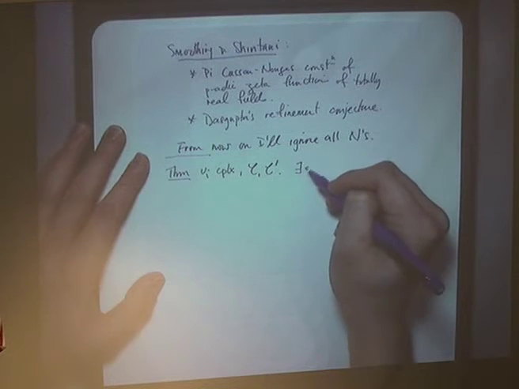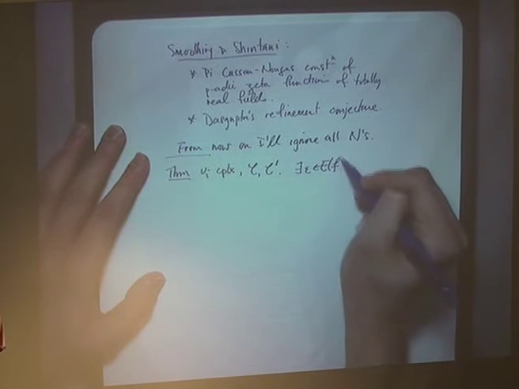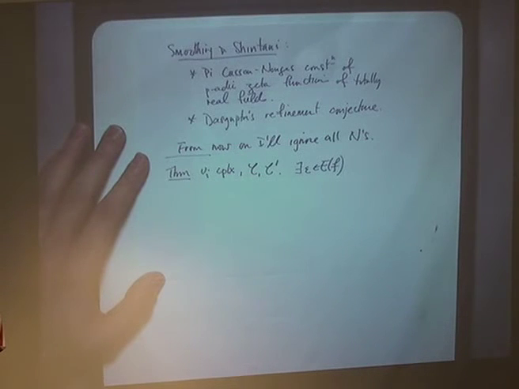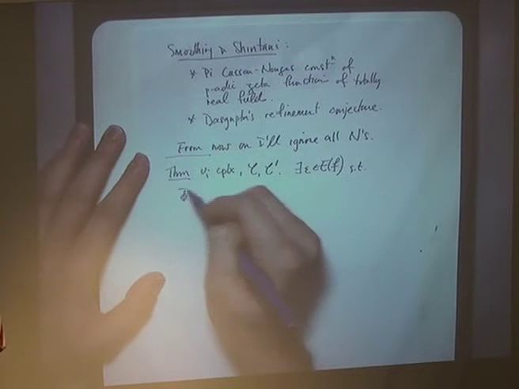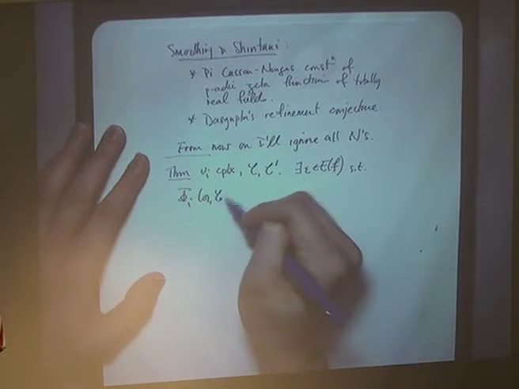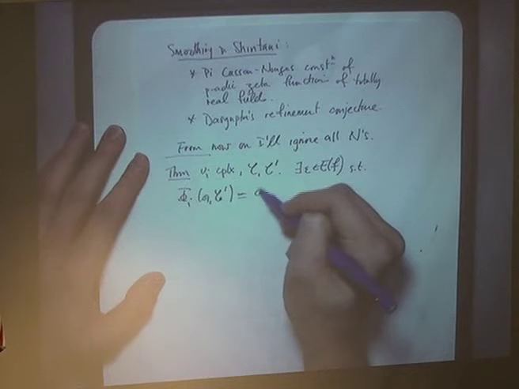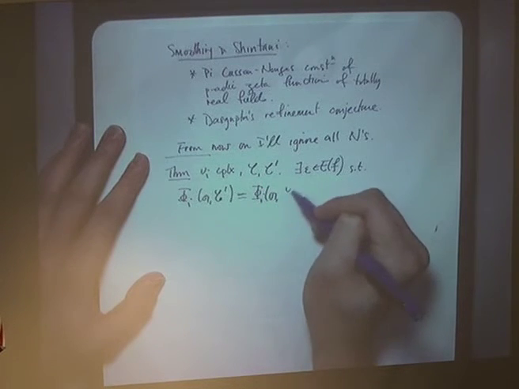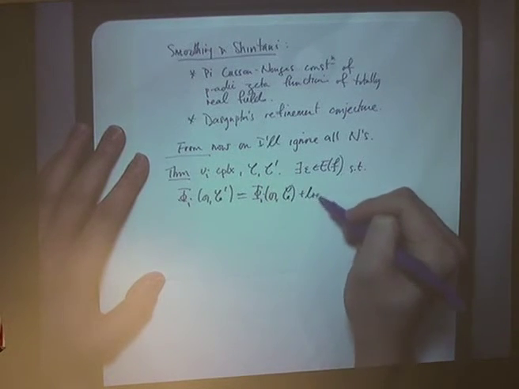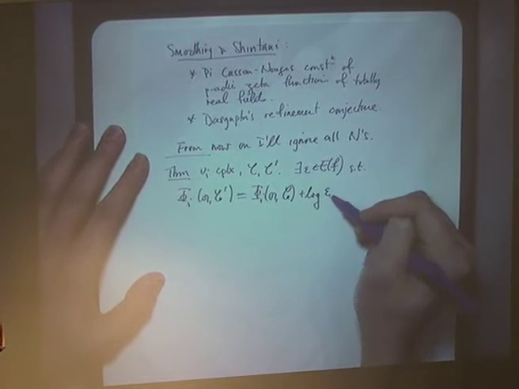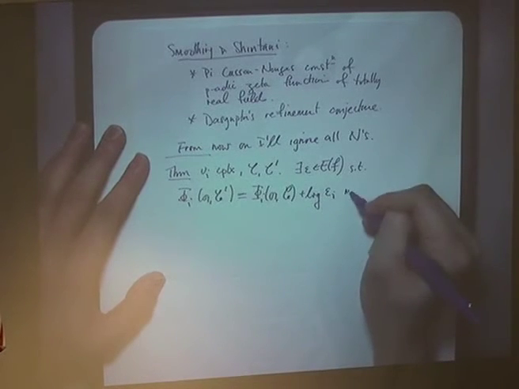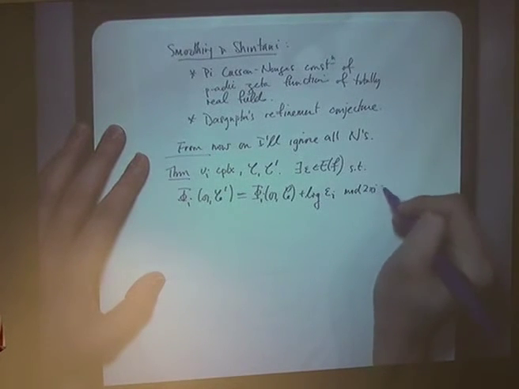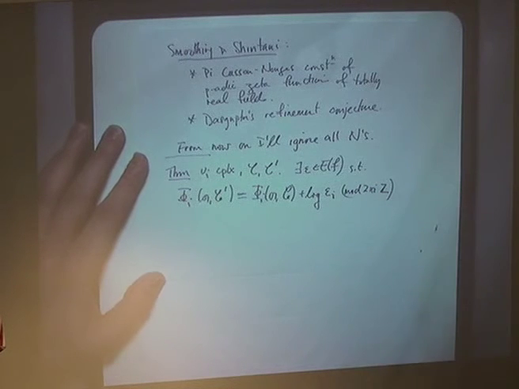There exists a unit epsilon in E of F, the totally positive units of the base field congruent to 1 modulo f, such that phi of A C prime is congruent to phi of A C plus log of the image under the ith embedding of this global unit epsilon, mod 2 pi i Z. Here I'm not writing n.